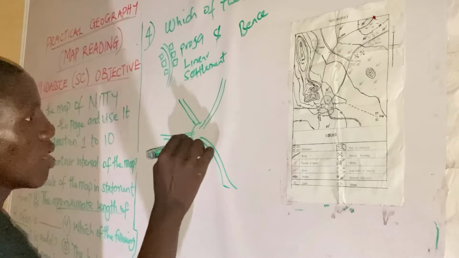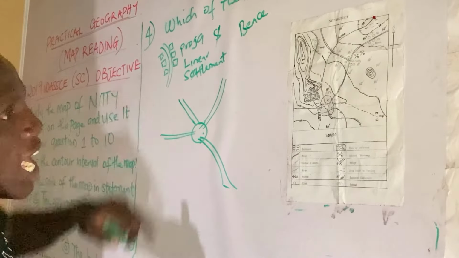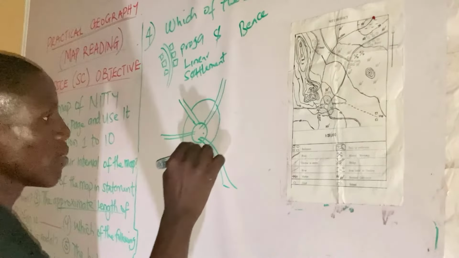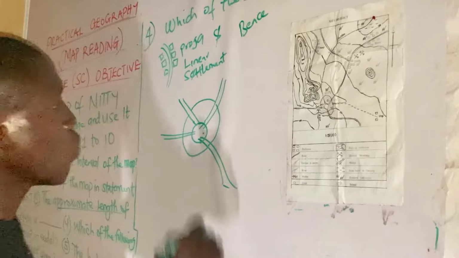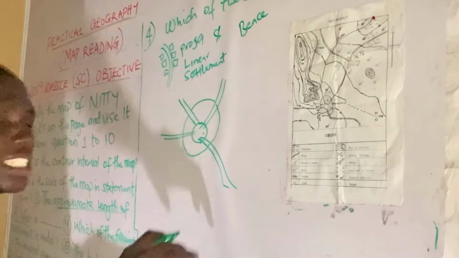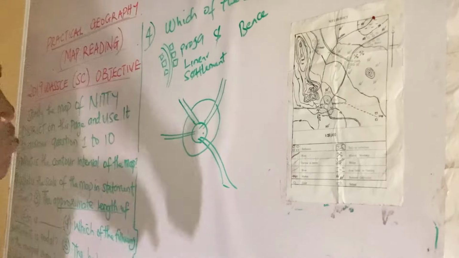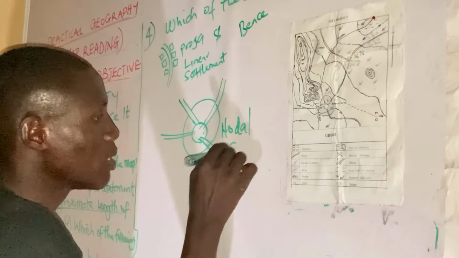So we have a meeting point here. This is a meeting point, and we see there's a built-up settlement around it. When the settlement is around a meeting point of roads, a meeting station, we call that settlement a nodal settlement. Nodal settlement.